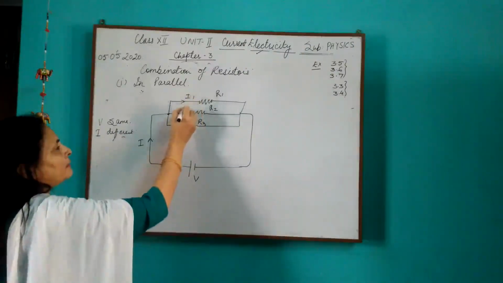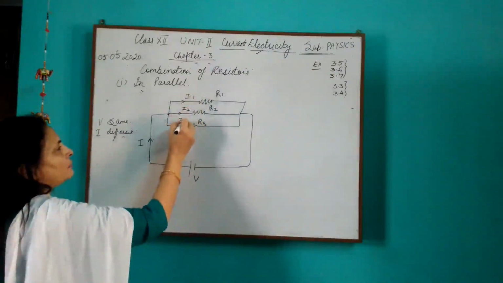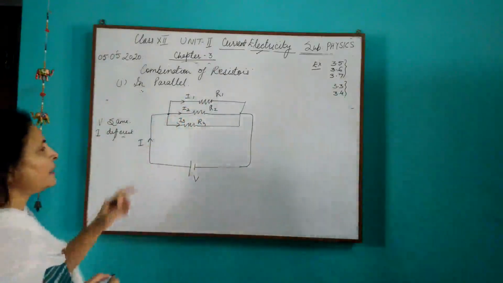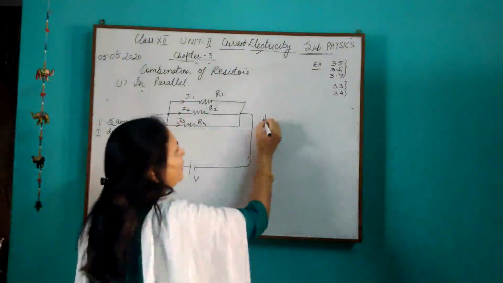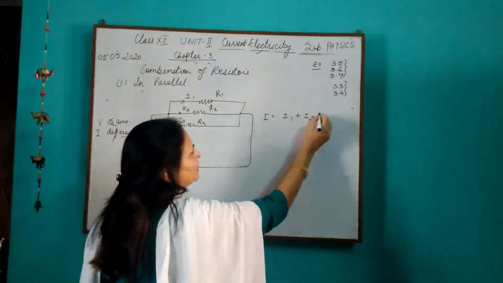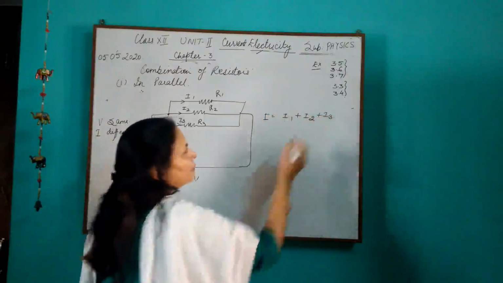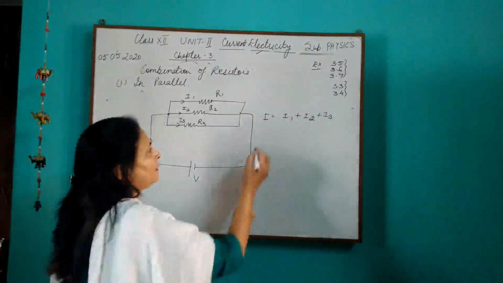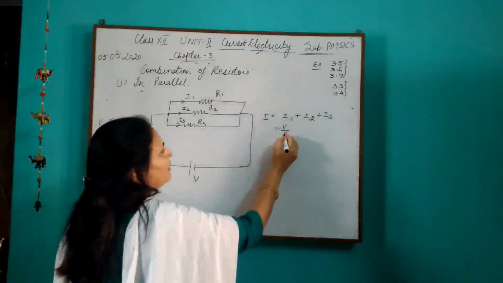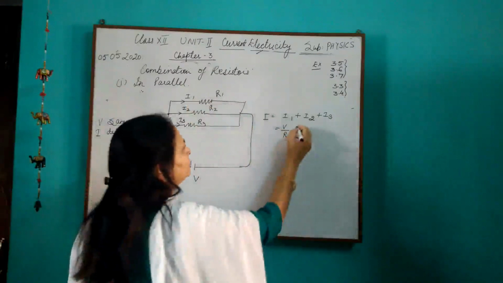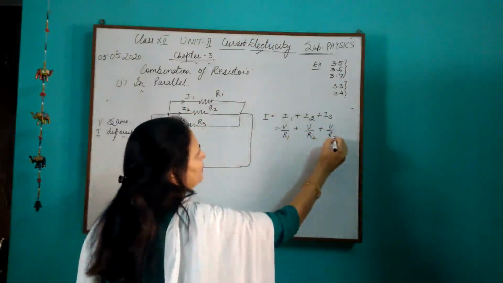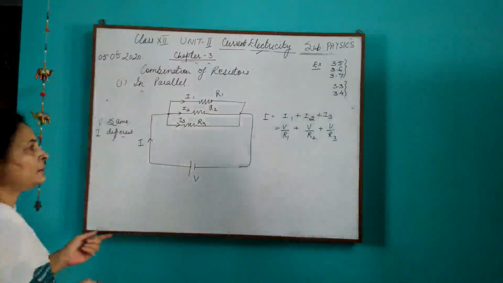Say it is I1, I2 and I3. And the total current being supplied, I, will be equal to I1 plus I2 plus I3. Now this I1 will be equal to V upon R1, we are using Ohm's law, plus V upon R2 plus V upon R3.